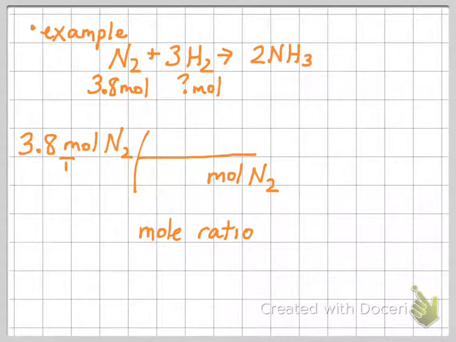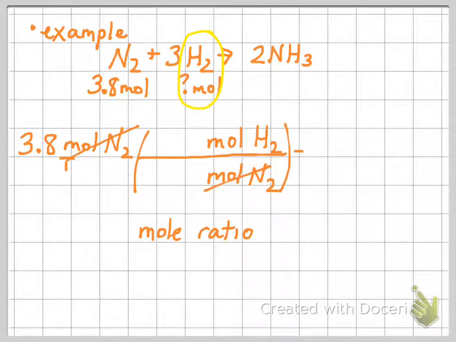And I want to convert it to moles of hydrogen, so I'm going to put moles of hydrogen in my numerator. My units are crossing out. I'm going to be left with units of moles of hydrogen, which is what I want, so I'm happy about that.